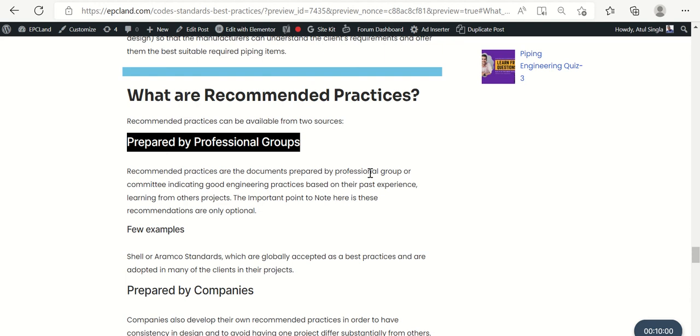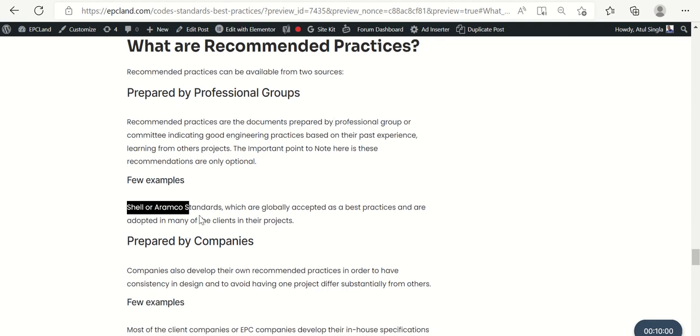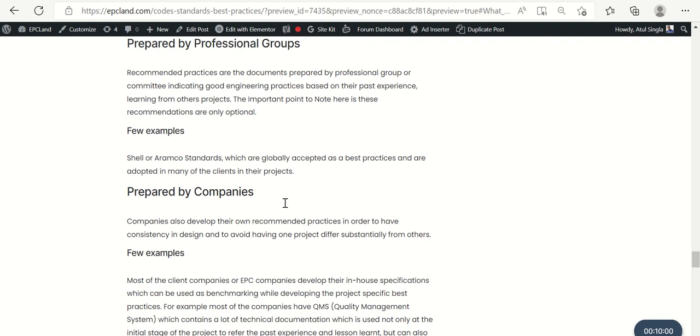These are the professional groups which keep on collecting such experiences, and they document them and call them best practices. For example, Shell and Ramco standards, which are very popular, globally accepted as best practices and adopted in many other projects by other clients also, right?